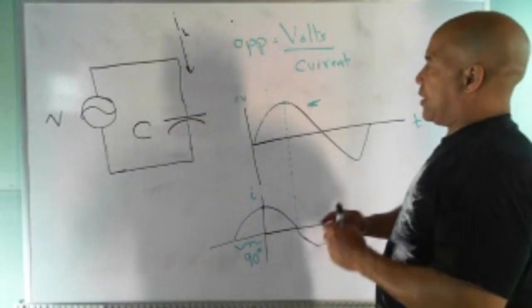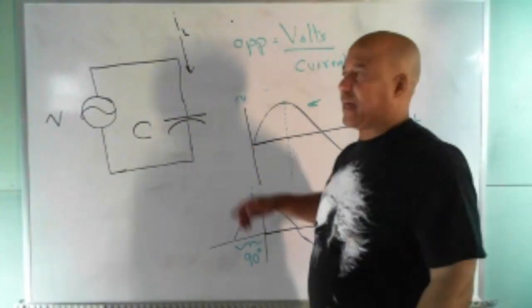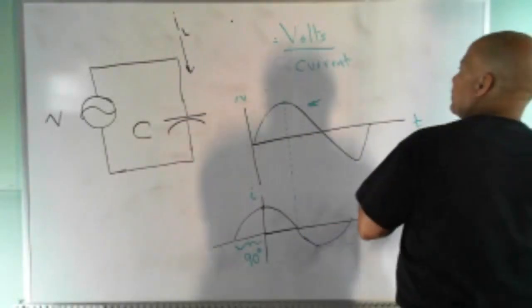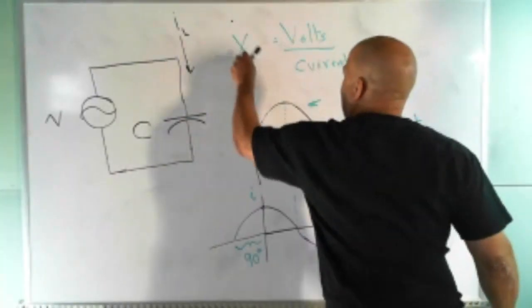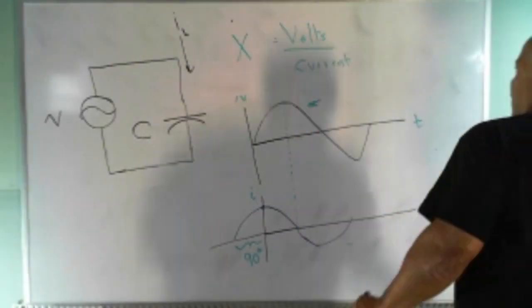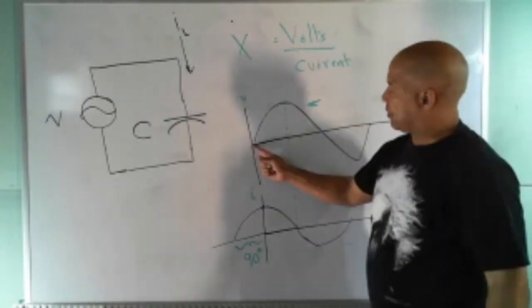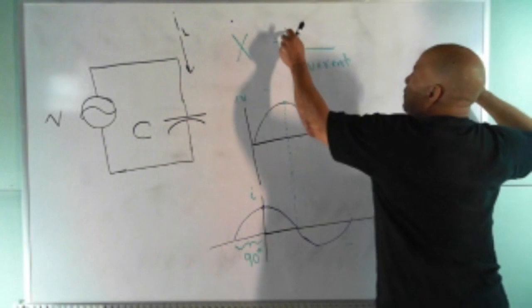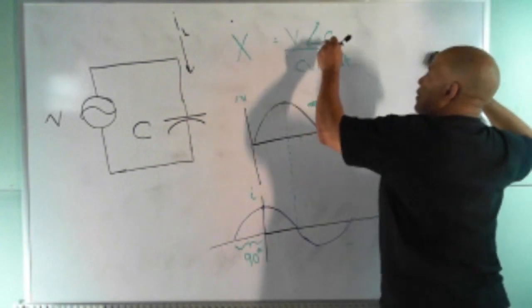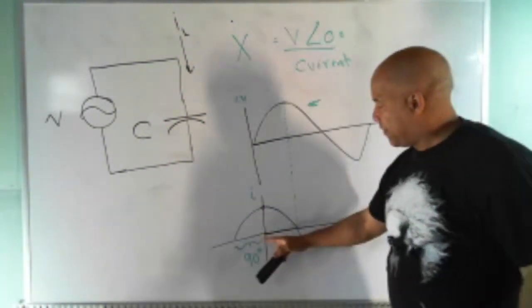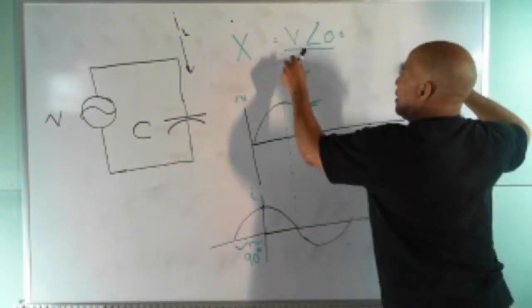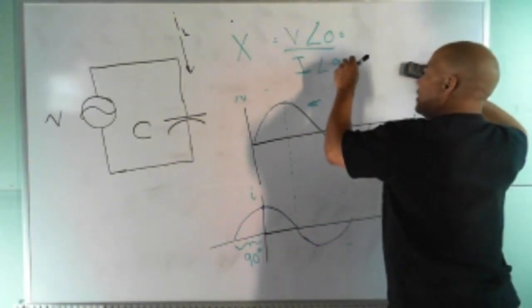Well, I don't know what to call it again, so I'm going to call it X, because it's not resistance, it's something else. So I'll call it X. And then opposition X is going to equal the voltage, but look at the voltage here. The voltage is at 0 degrees, so I've got my voltage at an angle of 0 degrees, and my current has a phase of 90. So my current is at a phase of 90 degrees.